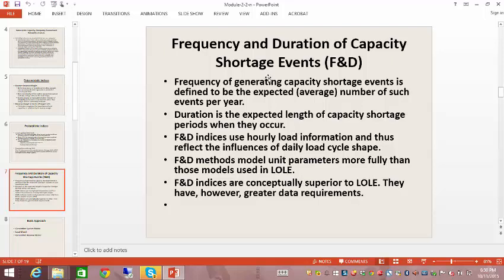The term expected here is used in the sense of mean value or average value. Now, the frequency and duration indices use the hourly load information, and thus they reflect the influence of the shape of the daily load cycle.